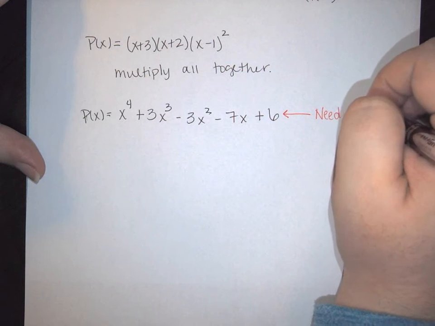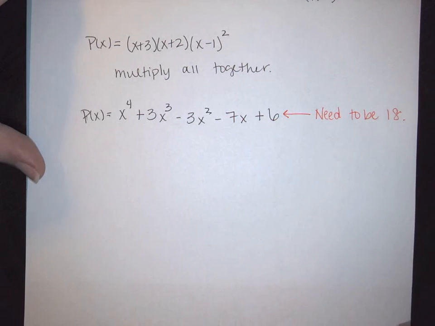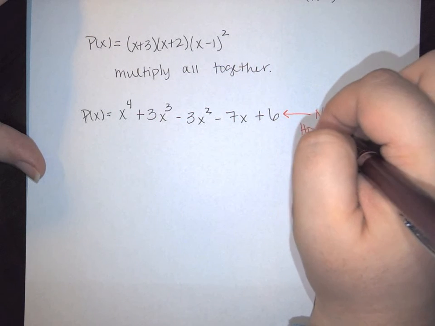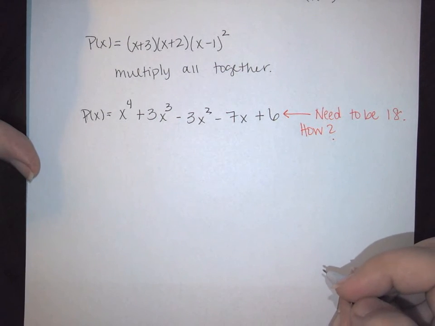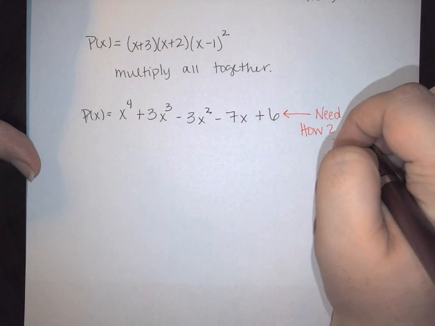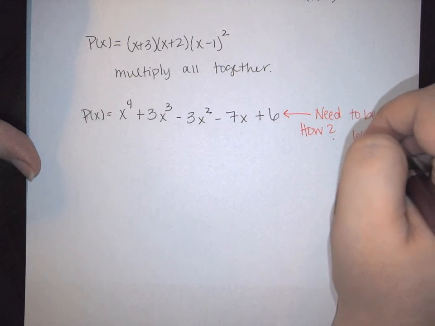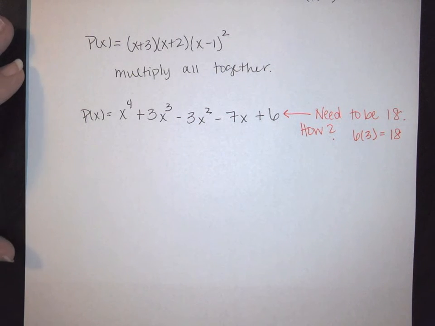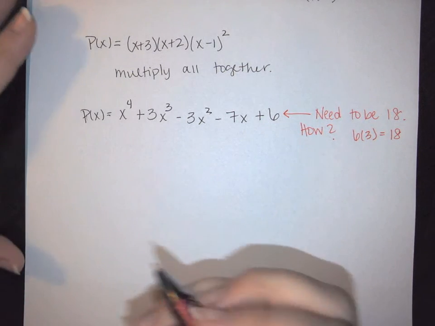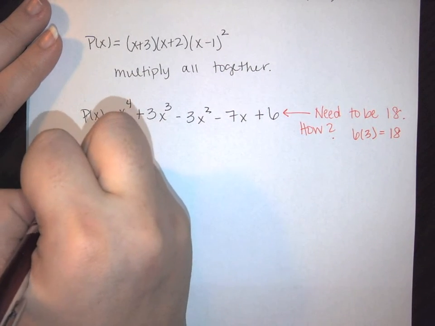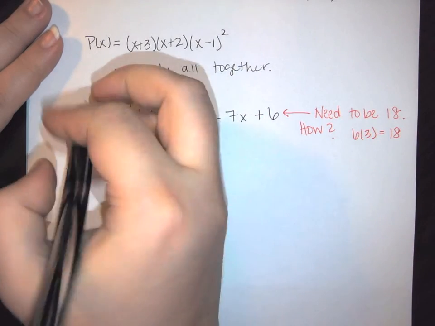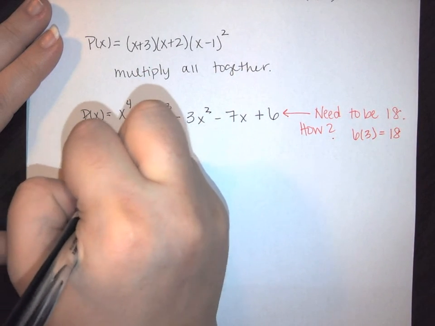and we need this to be 18. So you have to ask yourself, how do we make this happen? Well, we make this happen because 6 times 3 equals 18. So what we have to do is we have to multiply the entire polynomial by 3. So we're going to do 3 times your original polynomial, p of x.